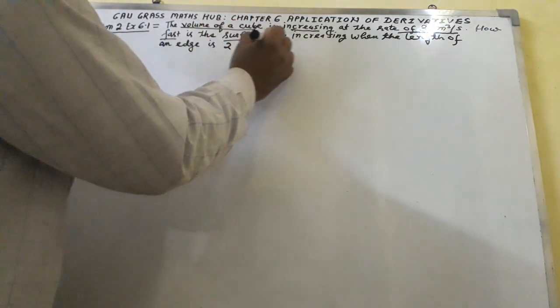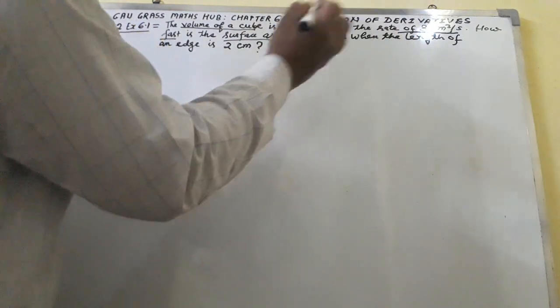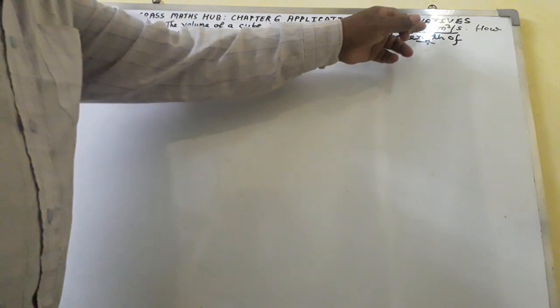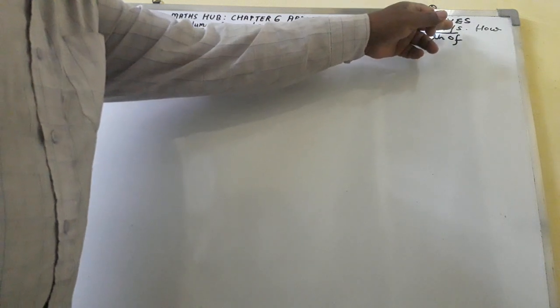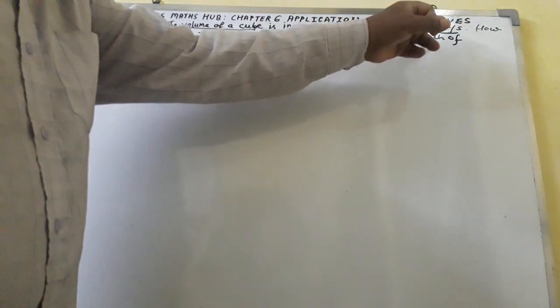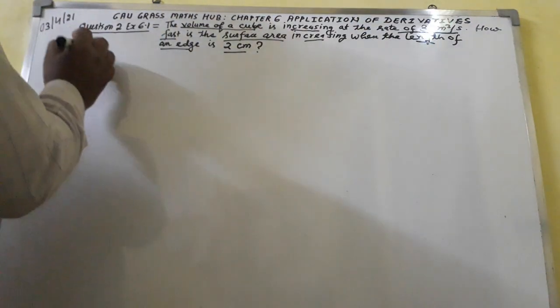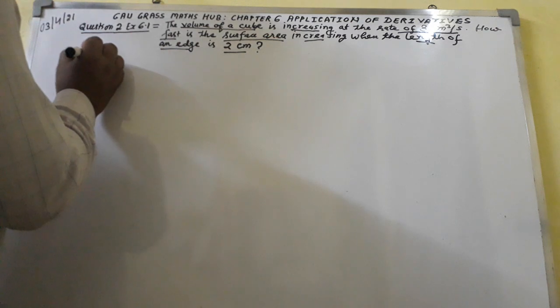Surface area increasing when length of an edge is 2 centimeter. So here you can see 8 centimeter cube per second, this is the unit of volume. So here I shall write solution.